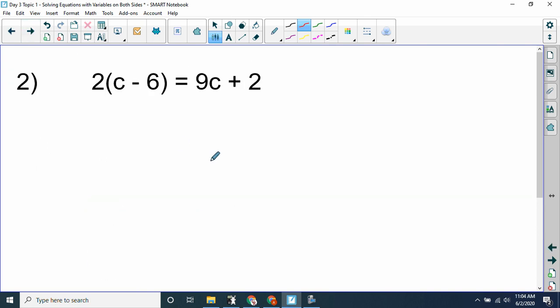Problem number 2 says 2 times the quantity c minus 6 equals 9c plus 2.